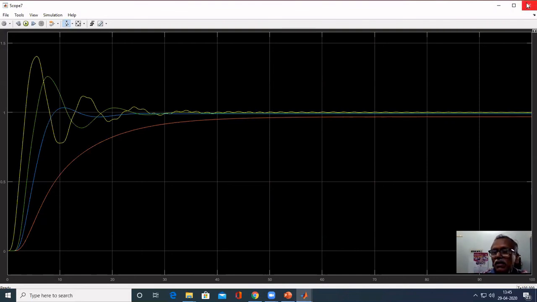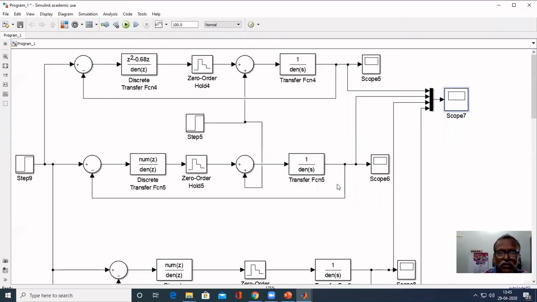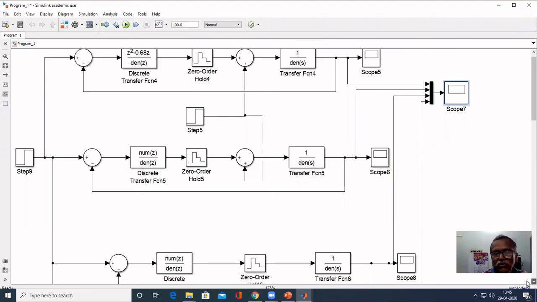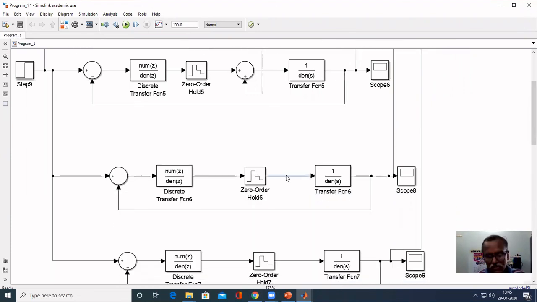Now let us do the regulatory response. For the regulatory response, we have to give load changes.